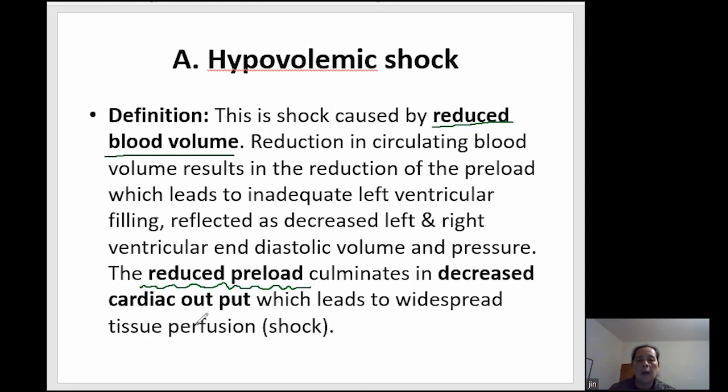And the output decreases because originally per beat we usually talk about 50 to 60 milliliters. Now the blood only returns about 30 or 40. So per beat is truly decreased, output is decreased, and the tissue doesn't get oxygen or nutrition.